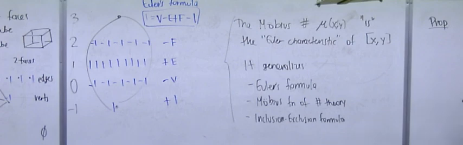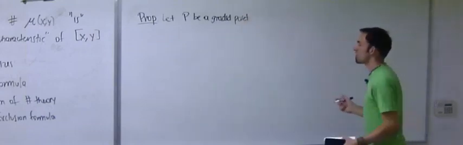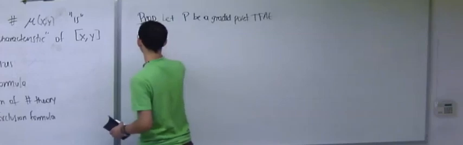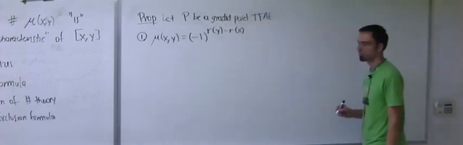Proposition. Let's say that you have a graded poset. Then the following are equivalent. One, the Mobius function is that simple: the Mobius number of x comma y is just plus or minus 1, and the sign is determined by the number of levels separating x and y.